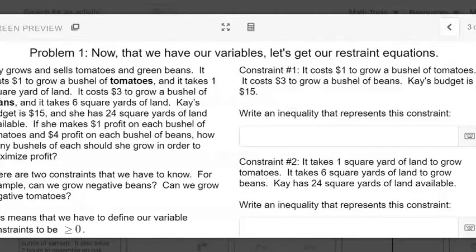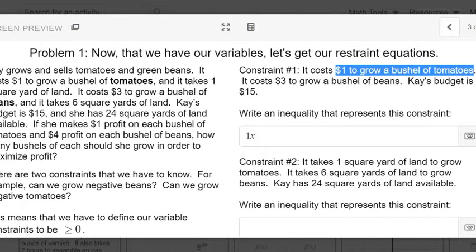Then it says constraint number 1. This is our cost constraint because she has a budget. She doesn't want to spend more than $15. But it costs $1 to grow a bushel of tomatoes and $3 to grow a bushel of beans. So I'm going to put 1x because it costs $1 to grow a bushel of tomatoes.